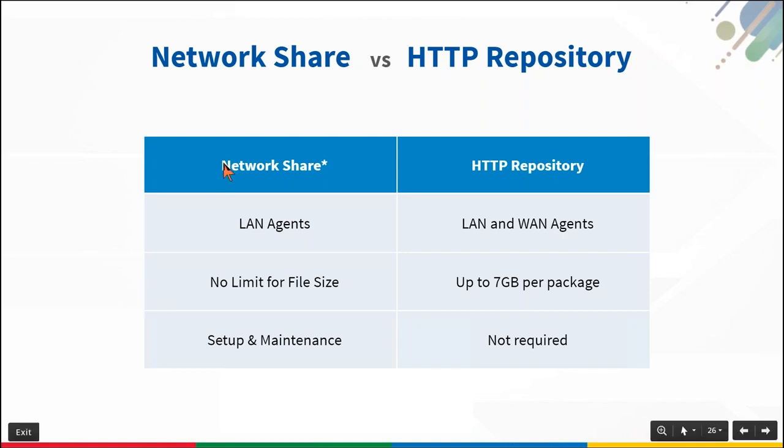And since it is a network share, there is technically no limit for it. It can be of any size; you can have huge files available in that network share. But if it is an HTTP repository, for every single package, the size cannot exceed 7 GB.